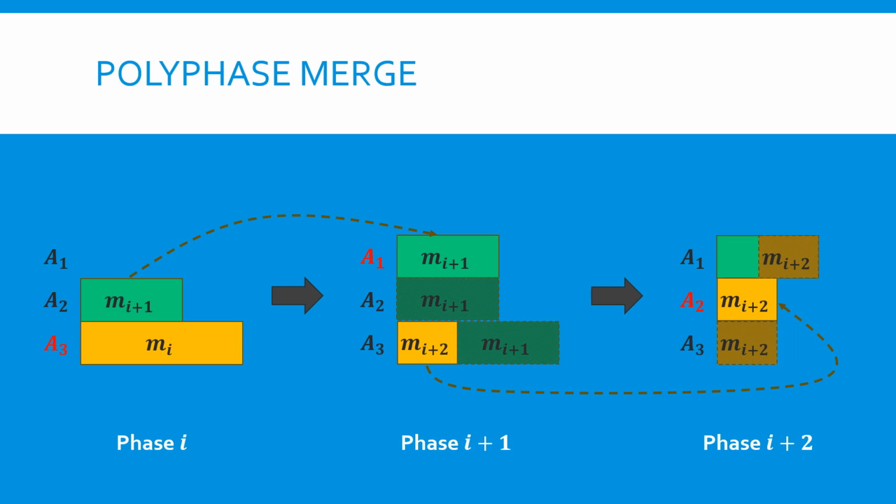Therefore, all data blocks in A3 must be consumed in phase i+2. Then, let's look at the third figure. In phase i+2, Mi+2 data blocks are consumed from both A1 and A3, and Mi+2 data blocks are written to A2. You can see that after phase i+2, A3 becomes empty again.